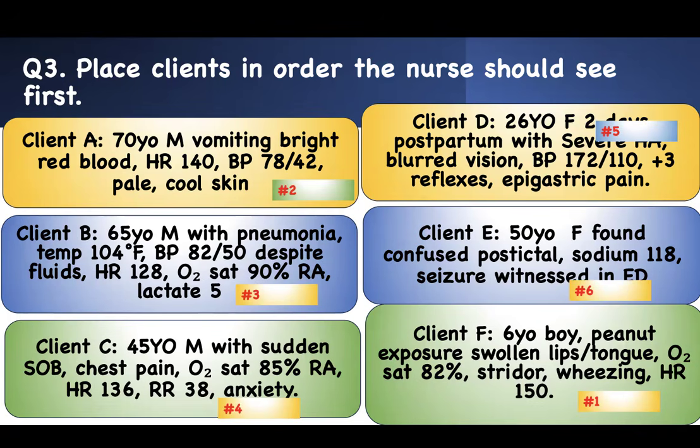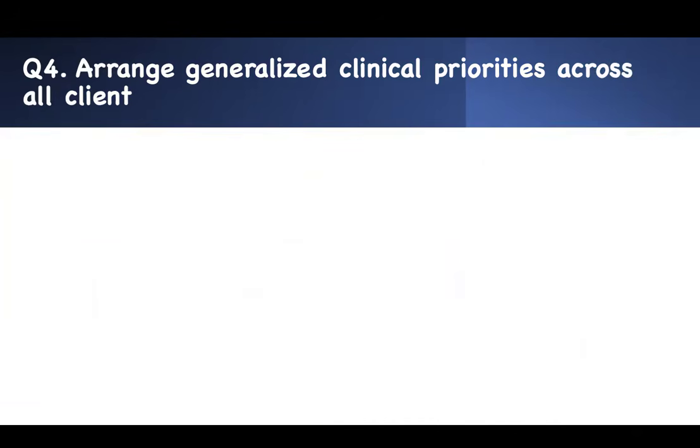Watch this video multiple times to know the strategy, and hold your ground. Now, arrange generalized clinical priority across all clients. This is the question they asked. This is not the same case study, but this is what the question looked like. I believe question 4 was the hardest of all. Prioritization.